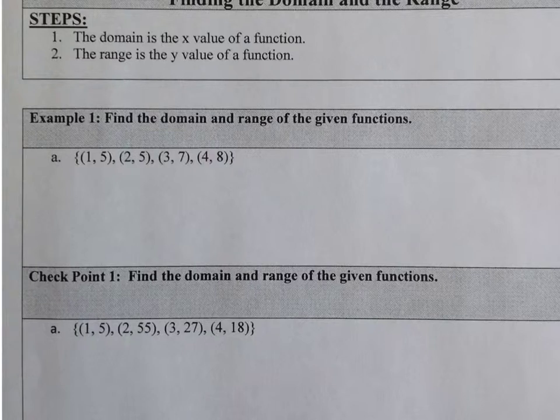How we write it is you do a capital D, then a colon, and you do these little fancy brackets, and I'm not going to be very good with it on here, but they look something like that. And you would write the 1, 2, 3, and 4 with a comma in between each one, and you close the fancy bracket. That's the domain. There are all the x values.